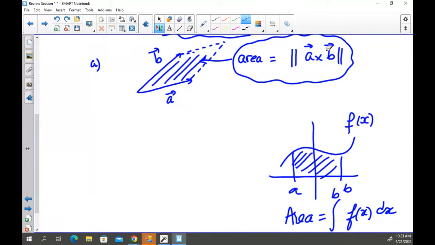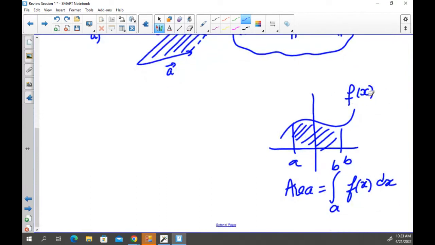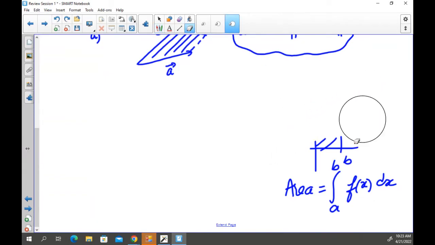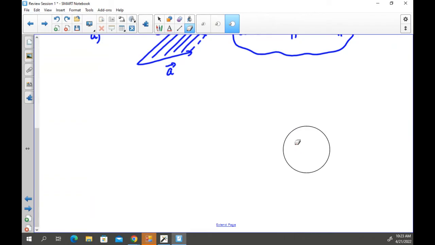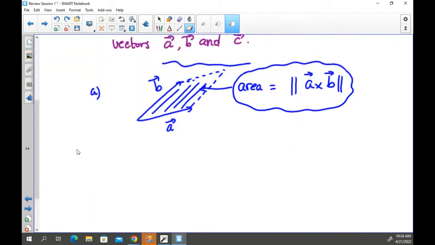You can answer that with vectors, the things we did in the chapters on vectors. If you have functions and graphs and want to find the area, then you need to use integration. So it's a different kind of question. Good, thank you for asking.